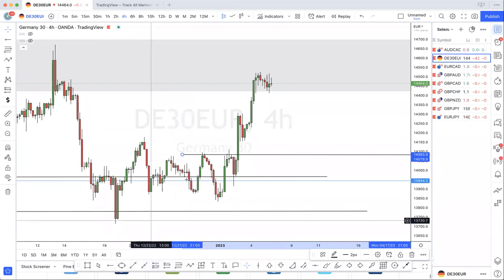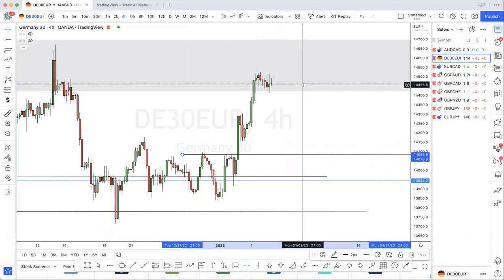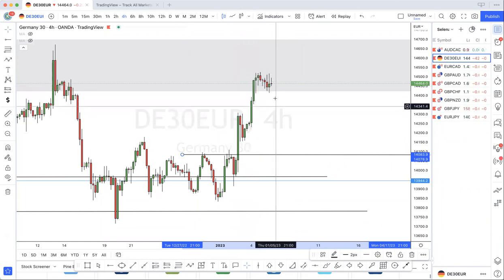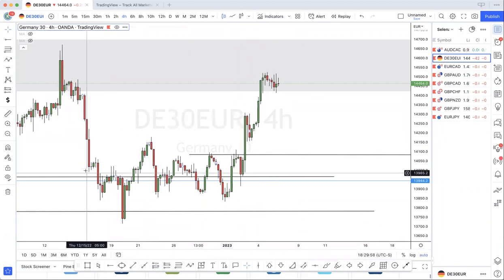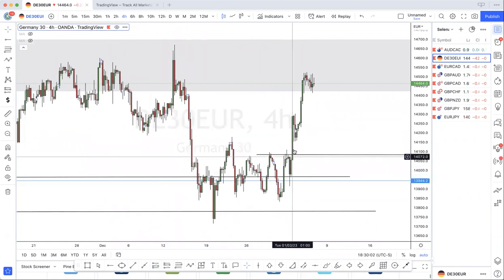Until it breaks these lows and I get some selling pressure. And when I say selling pressure, I mean a candle like this, 2 or 3 candles like this. This was selling pressure, and then it came back with buying pressure.